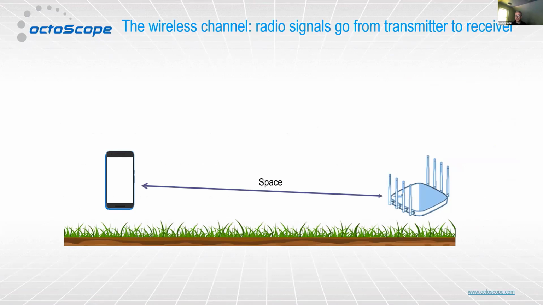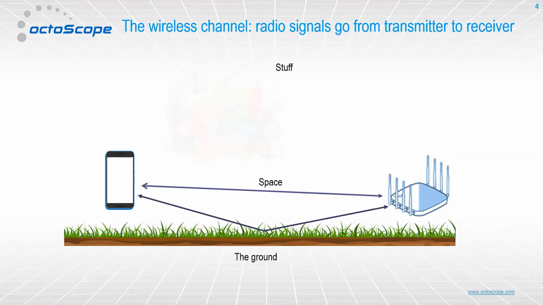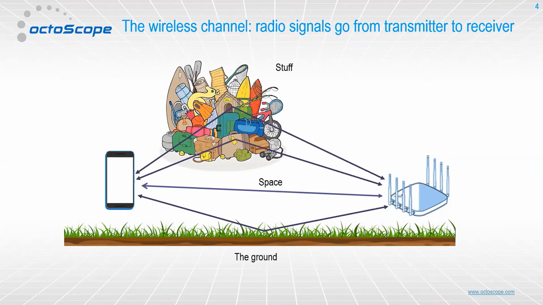We'll talk about that a little bit later. And they can also get there via other things that happen to be around. The ground is a big one, especially depending on what your technology is. That's a key one in things like television wireless and outdoor cellular systems. And then there's all the other stuff that's going on in the environment.